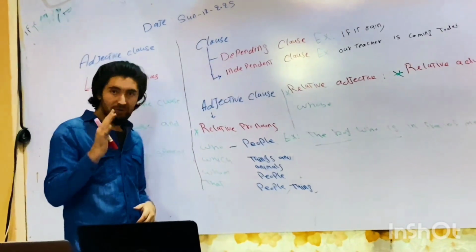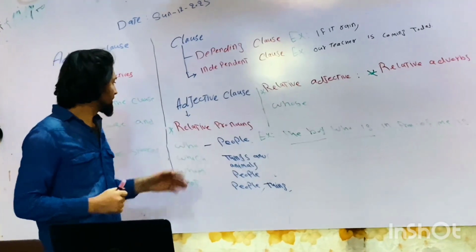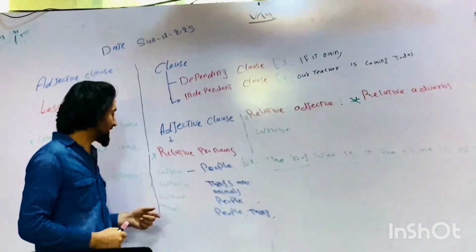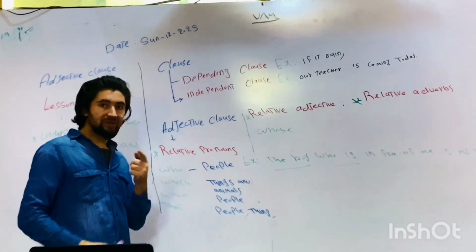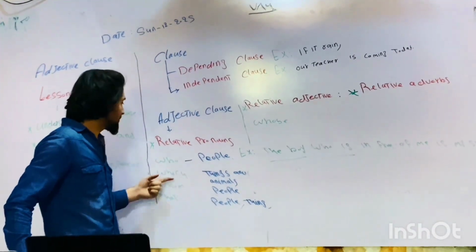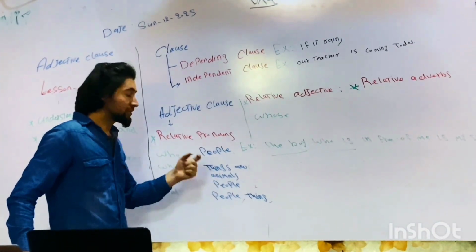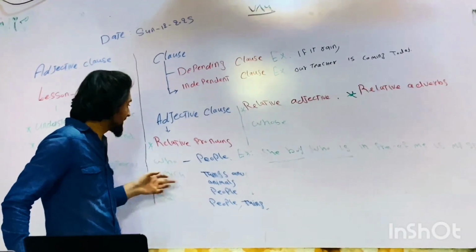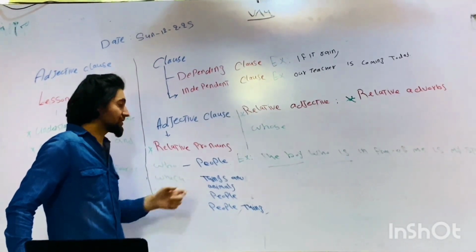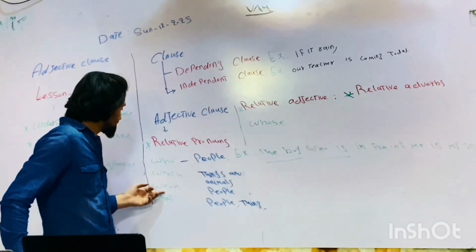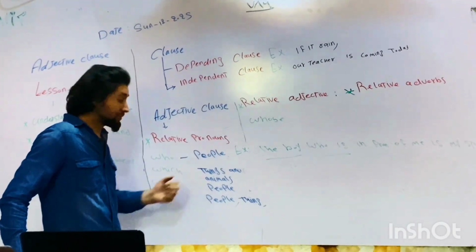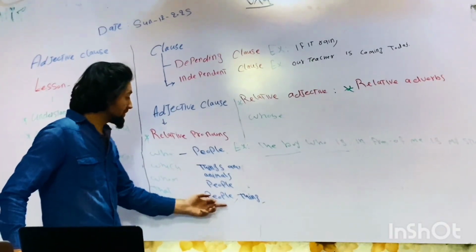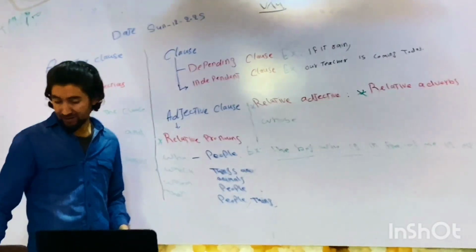There are four relative pronouns for this marker: who, which, whom, that. Who refers to people. Which refers to things and animals in the sentences. Whom refers to people, and that refers to people and things.